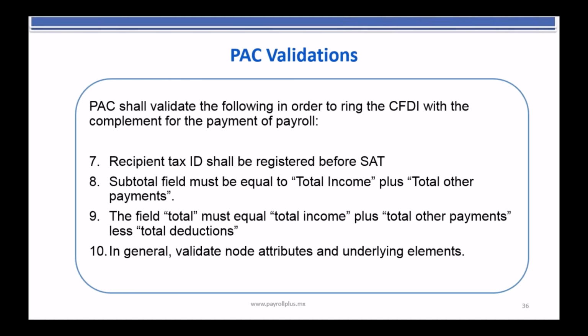This is a very important new characteristic of version 1.2: if by some reason or by any mistake the employee provides an incorrect tax ID, then the CFDI is not going to be able to be issued because the service provider will run a process to verify that the tax ID actually exists.